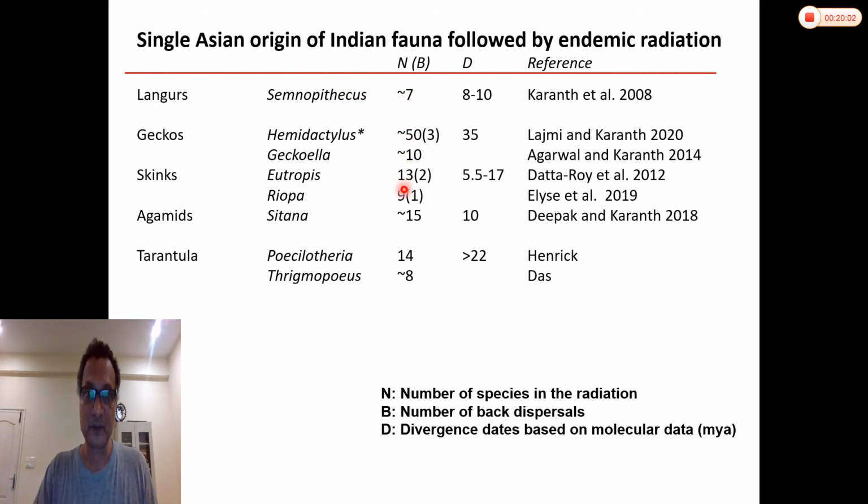These are the number of species in this radiation, so it's a lot of species. This is when they dispersed into India, and in brackets is whether there have been back dispersals. So if there is complete isolation, there won't be back dispersal. In the case of India, you do see some back dispersals.